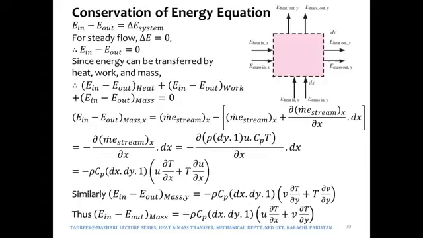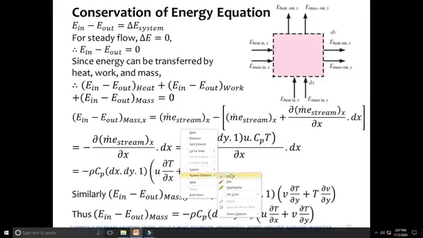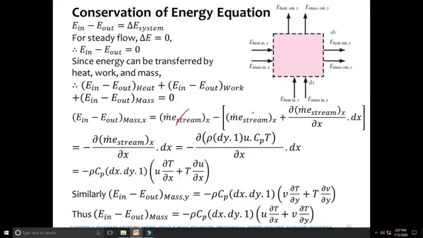So it would be mass flow times E. We will take its derivative in x direction, and then we will multiply it by the total length in x direction, which is dx. So of course these two terms will get cancelled out, and we will be left with this term only.